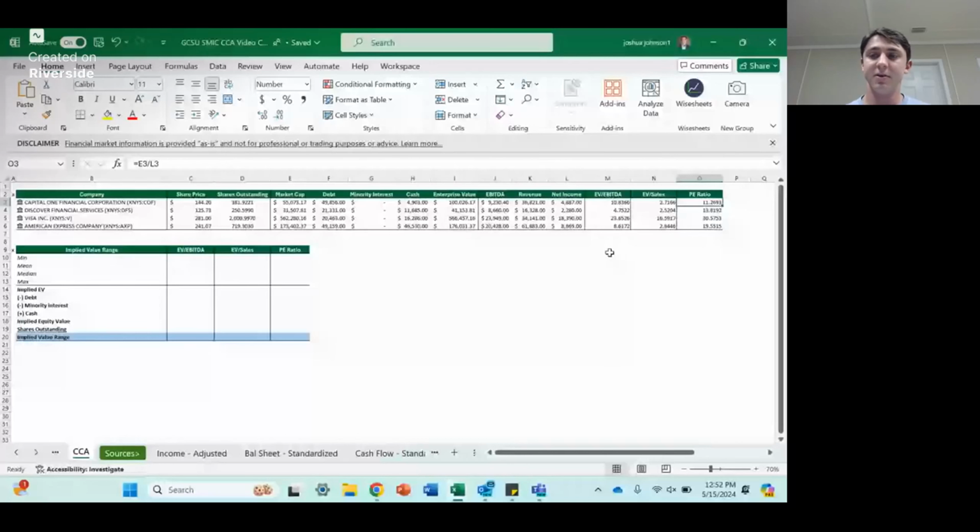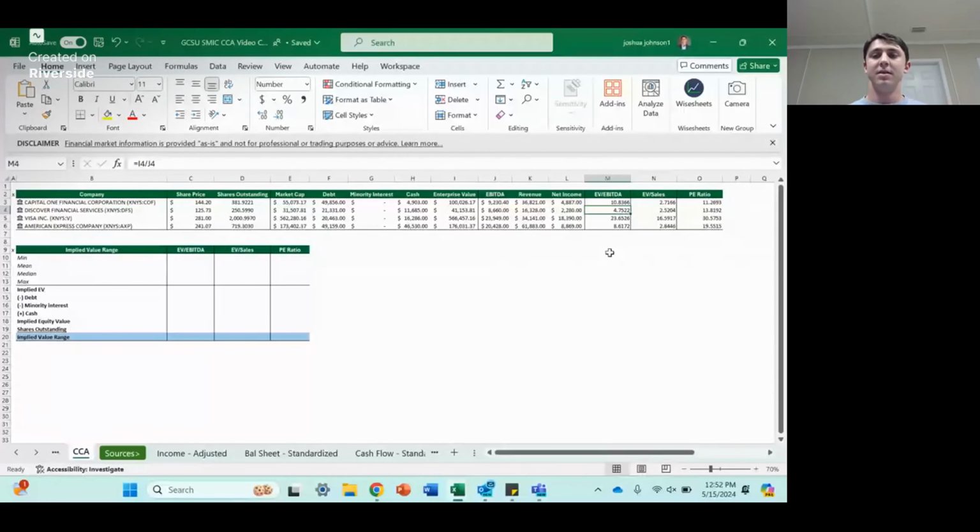And Capital One is about 11.3x their earnings. That's what their equity is valued at. And so what we're going to do is say, okay, what are these other companies valued at, and how should Capital One be priced based on that? So we're going to have to find a mean or a median of each of these values and use that and then apply it to Capital One's numbers to see what they should be priced at, right?